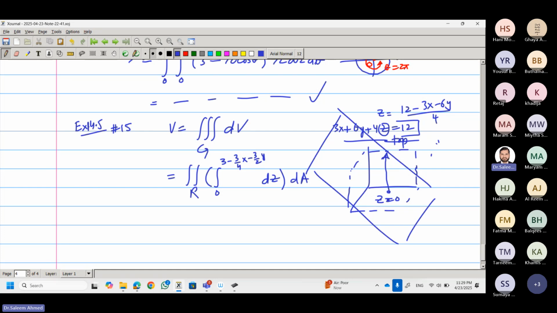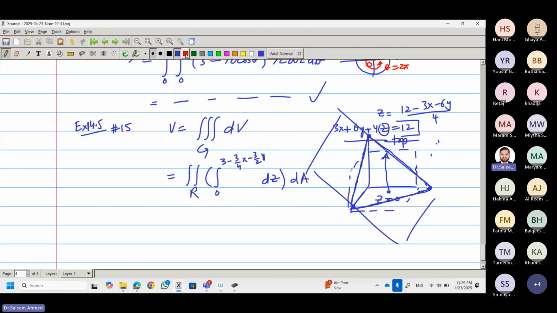Now you have to see what your dA is. When you have a plane at the top, it hits the z axis, the y axis, and the x axis. A plane is hitting the side walls: on the left wall it creates this line, on the front wall it creates this line, and on the xy plane it creates this line.